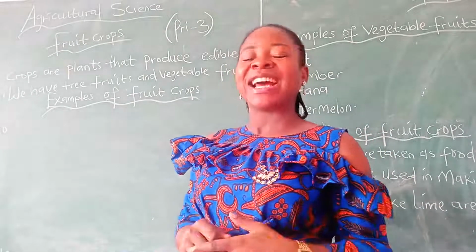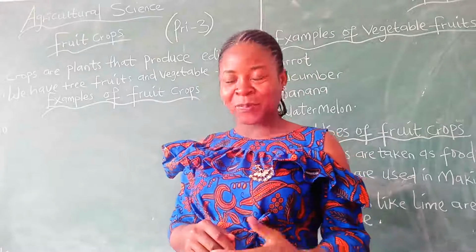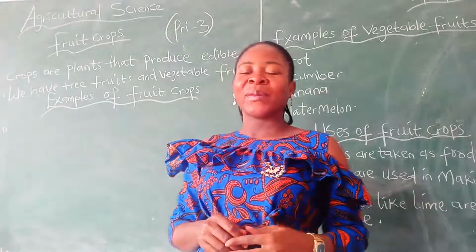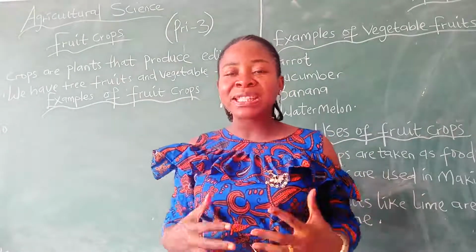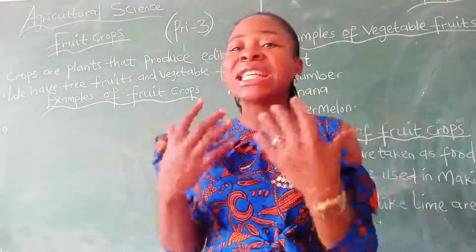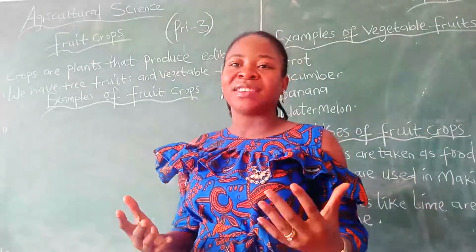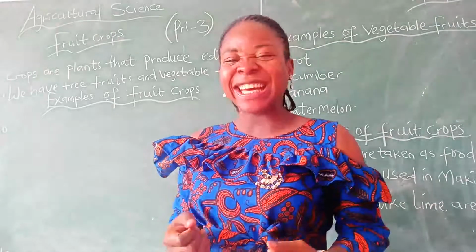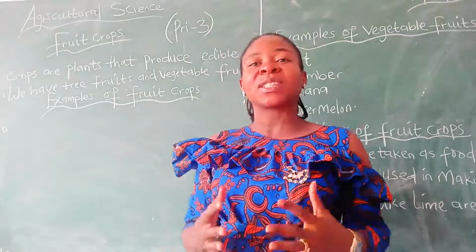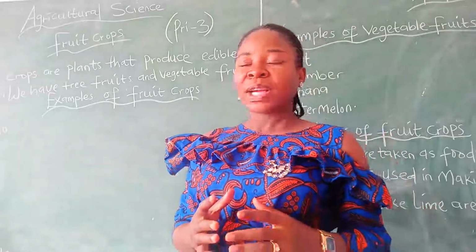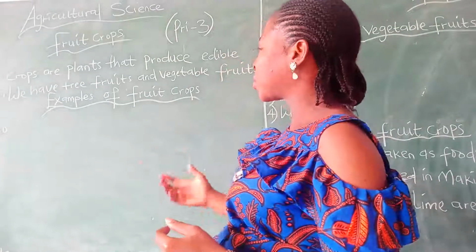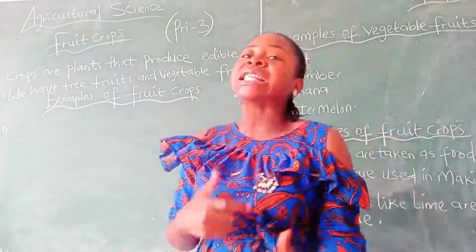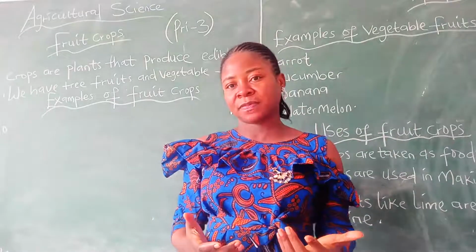Edible means something that we can eat. Eatable, something eatable. Fruit crops are plants that produce eatable fruits.